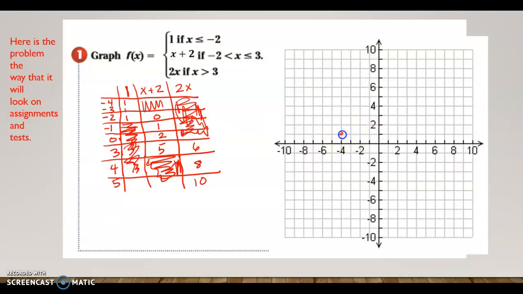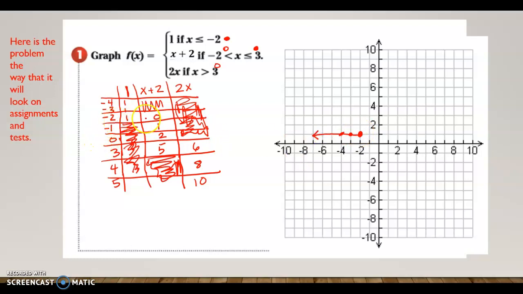-4 up to 1, -3 to 1, and -2 to 1. And remember, that's solid here, it's open here, solid here, and open here. So negative 2, 1 is solid, sorry. Goes down in this direction.